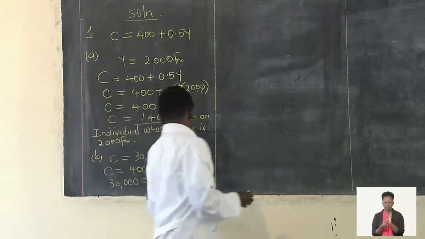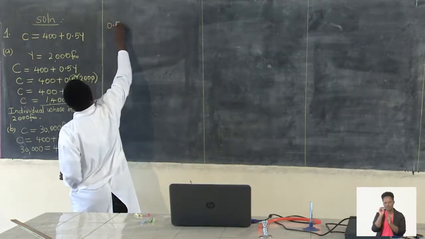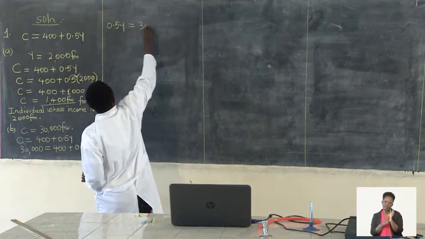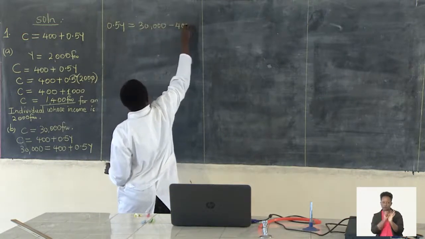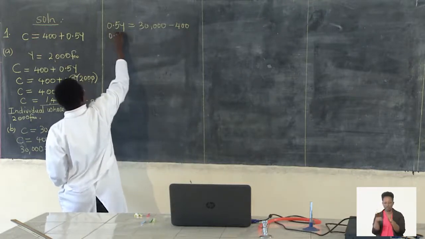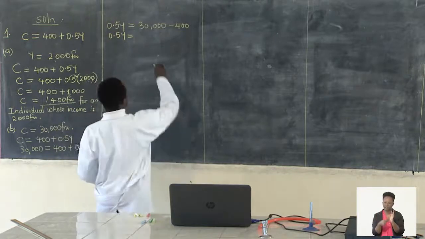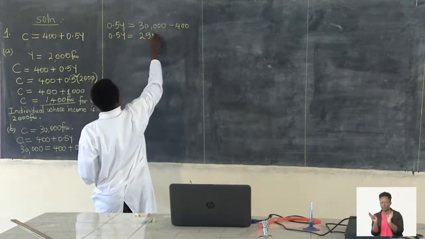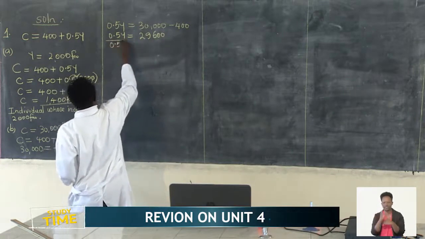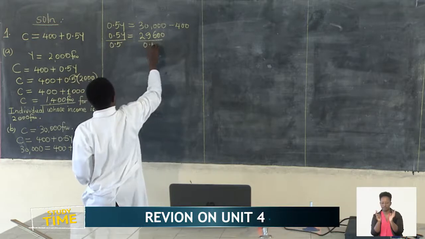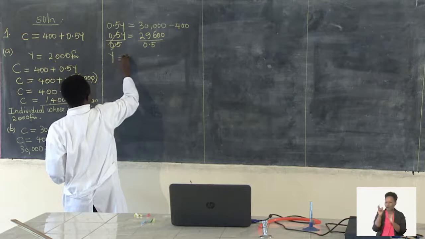So in this way now, you will collect like terms together. So 0.5Y will be equal to 30,000, then you take away the 400. So our 0.5Y will be equal to, if you get 30,000, then you take away 400, remain with 29,600. So we can divide by 0.5 such that we get our disposable income. So what will be our Y, which is our disposable income?